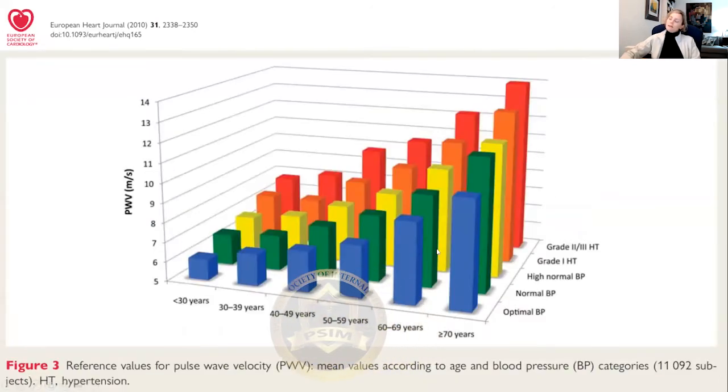But if you look at arterial stiffness in terms of aging, but also according to hypertension or blood pressure classification categories, you see that with optimal blood pressure, the blue bars, as age increases, your stiffness will increase. When you look at, for example, grade 2 hypertension, it's the same, but you see a much greater increase in pulse wave velocity. So it's also dependent on your stage of hypertension.